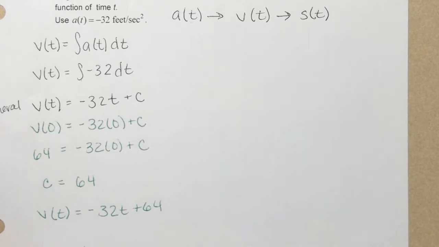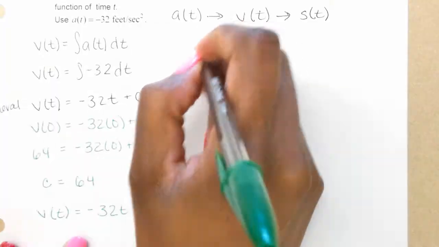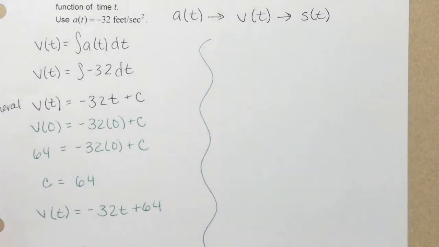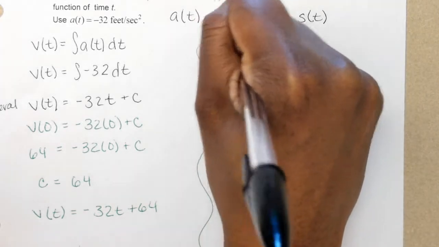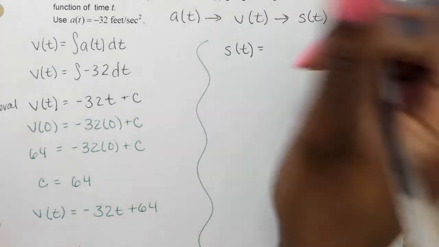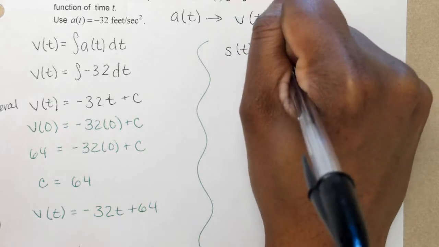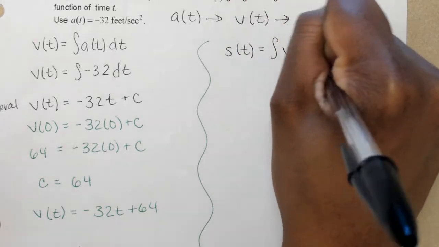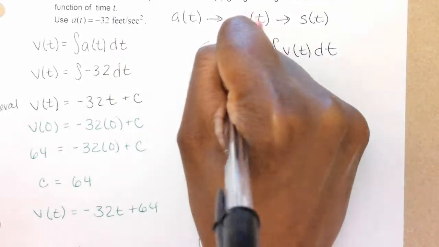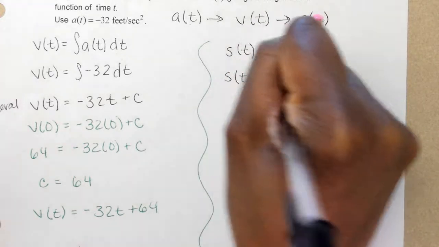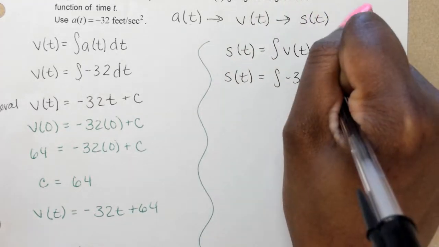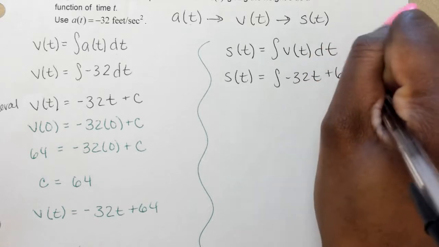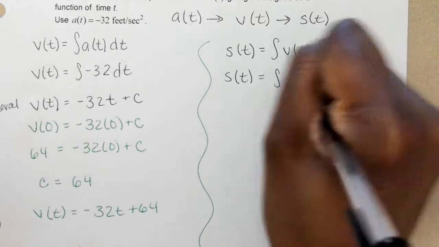So now we're going to use that information to integrate to find the position. So we know position, s of t, is going to be equal to the integral of v of t dt. So s of t is equal to the integral of (negative 32t plus 64) dt.